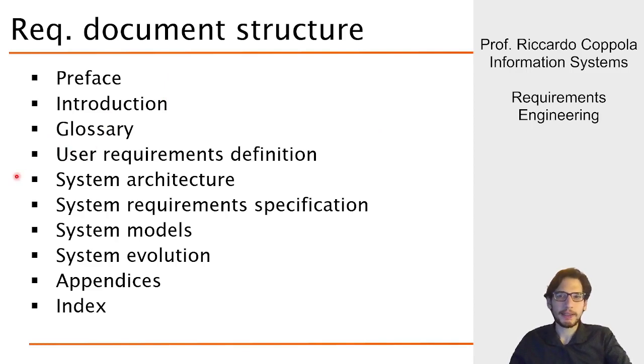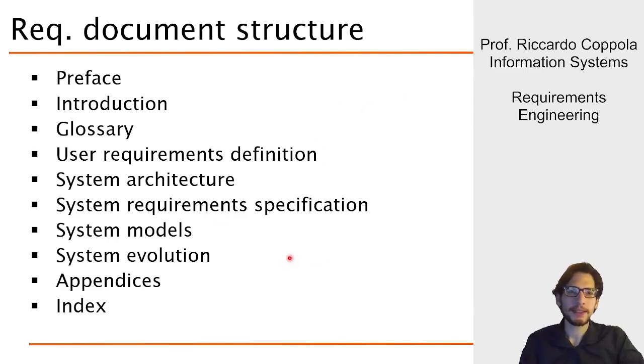Then I will define the user requirements, so everything that we have seen until now. Then I will define the high-level system architecture and the system requirements specification. Then I can have other aspects like models of the system, like process models and information models that we have already seen in this course, and that will be put in the requirements document.